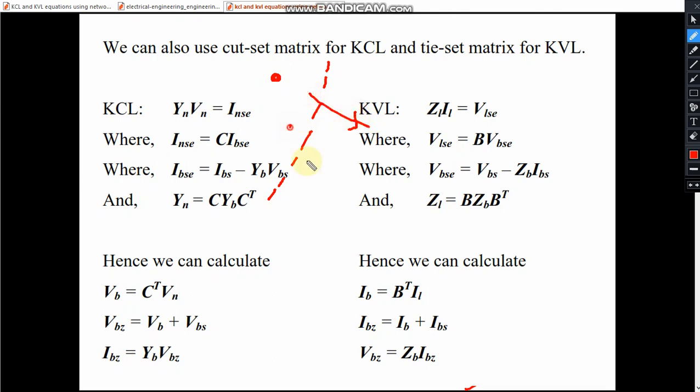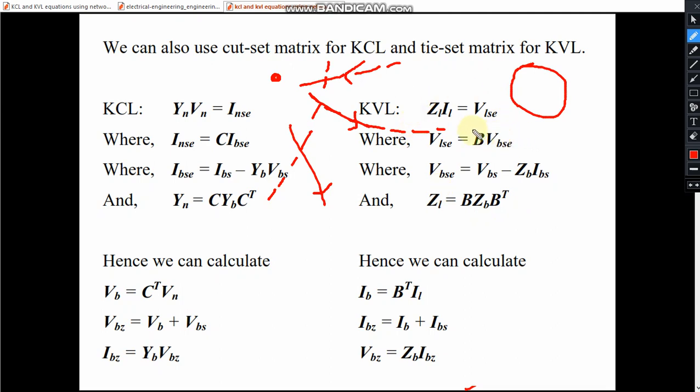There will be only one twig and the remaining are links. Similarly, instead of applying loop analysis, KVL, in a particular mesh, we can apply it with a particular tie set.